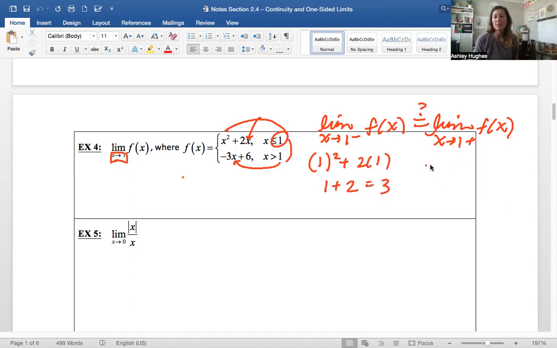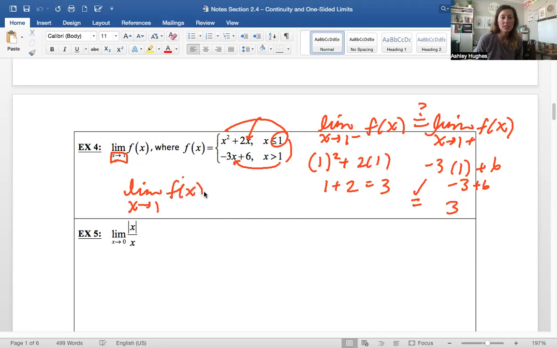And if I plug 1 into the bottom piece, I get 3. And 3 equals 3. So this is continuous. So the limit at 1 is 3, since the limit from the left and the limit from the right both happen to be 3. Now this one, when I plug in 0, I get 0 over 0, which is indeterminate form.